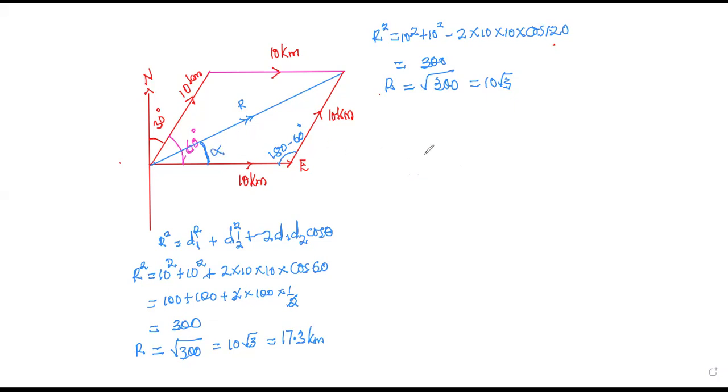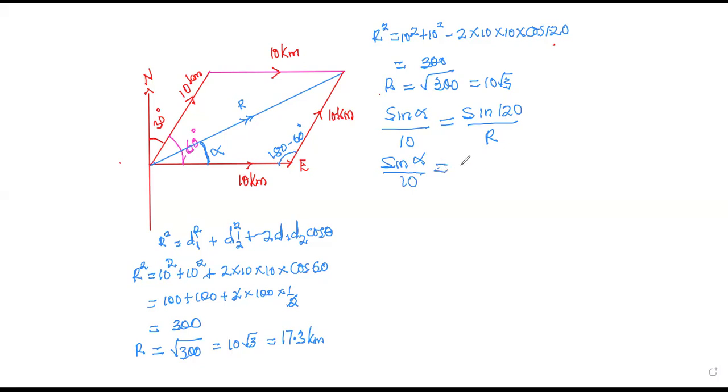Assuming that is alpha, when you use the sine rule, sine of alpha divided by 10 kilometers, the side opposite to the angle, must be equal to the sine of the other known angle, 120, divided by the resultant, R. And we found the resultant, so we can use that.